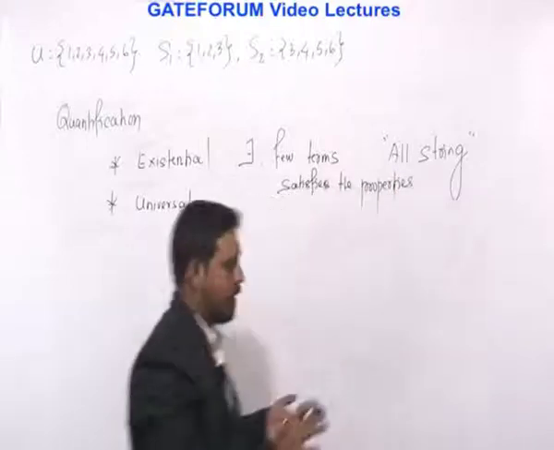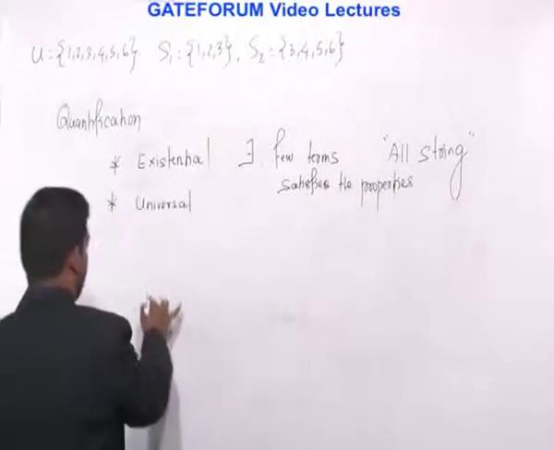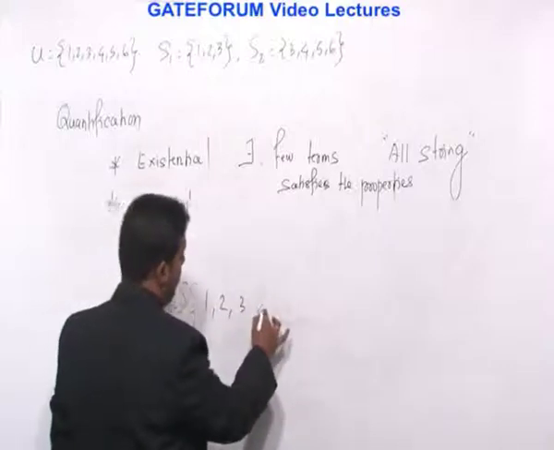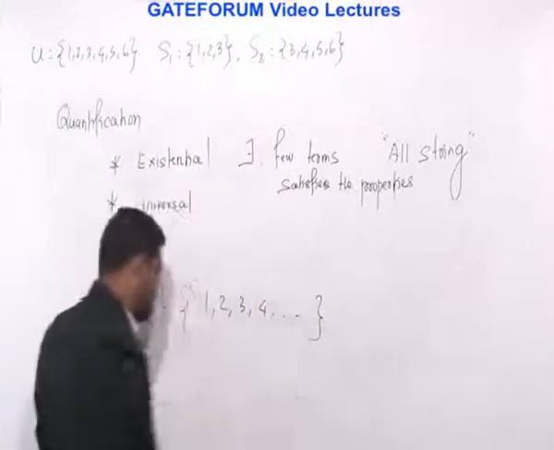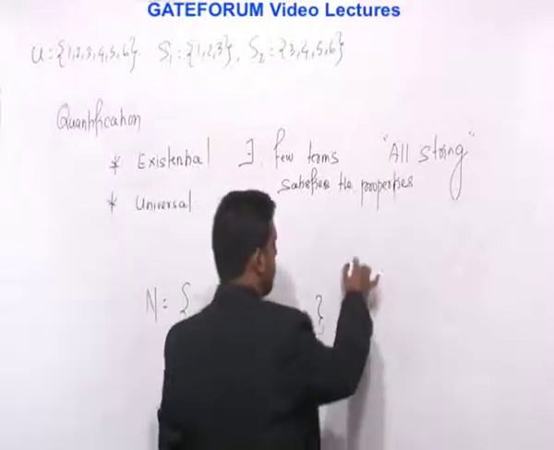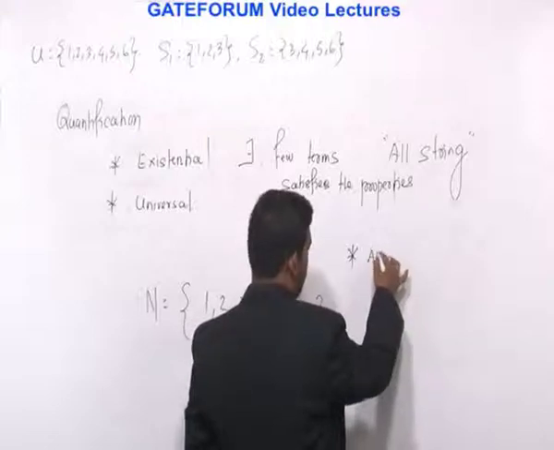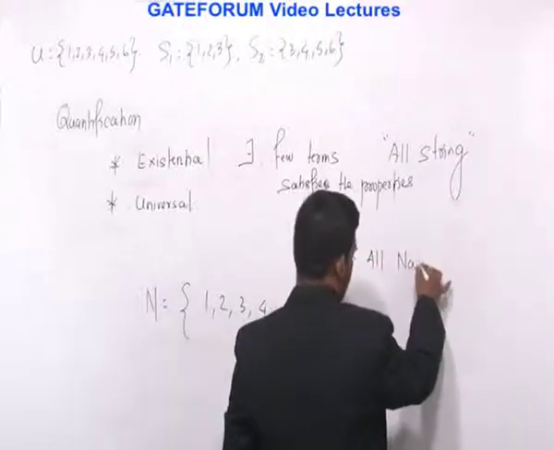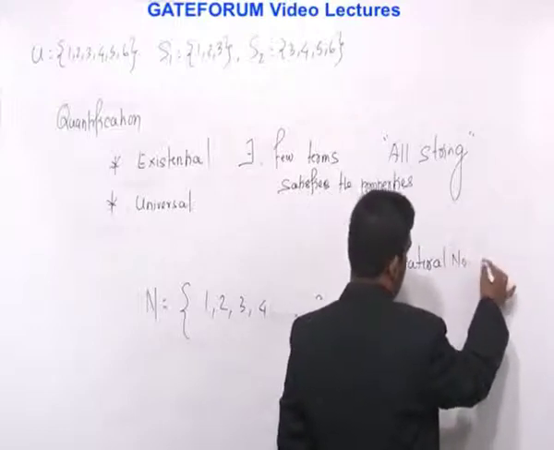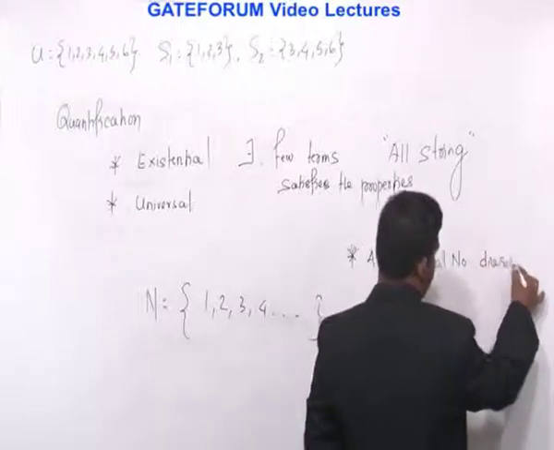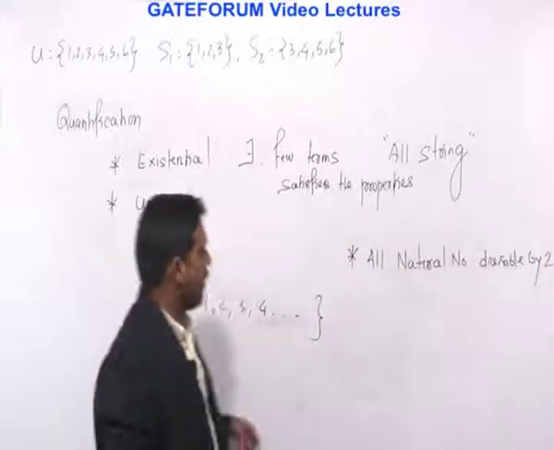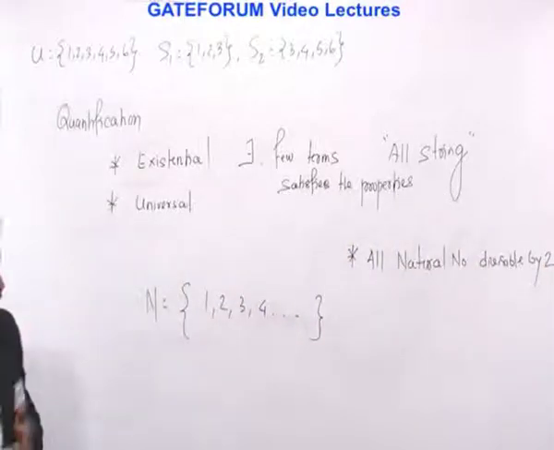Now for example, natural numbers. Let's say n is a natural number: 1, 2, 3, 4, and so on. Now I'm writing a proposition: all natural numbers are divisible by 2.